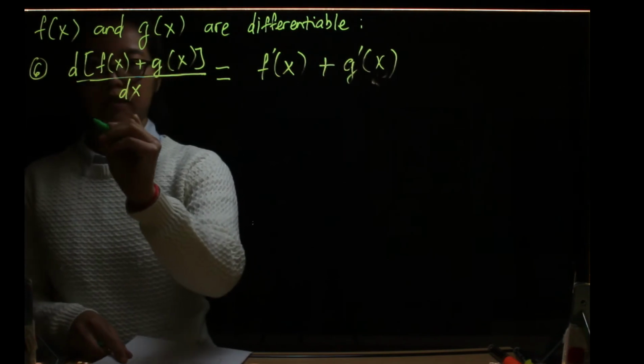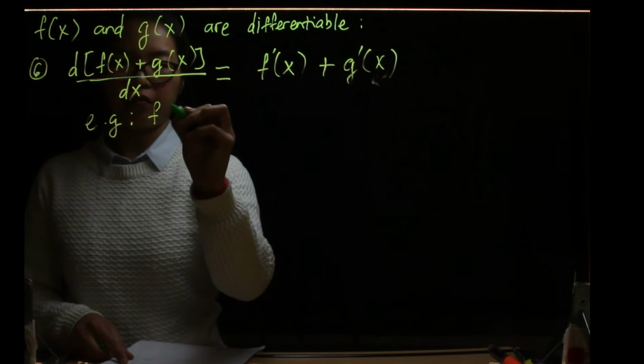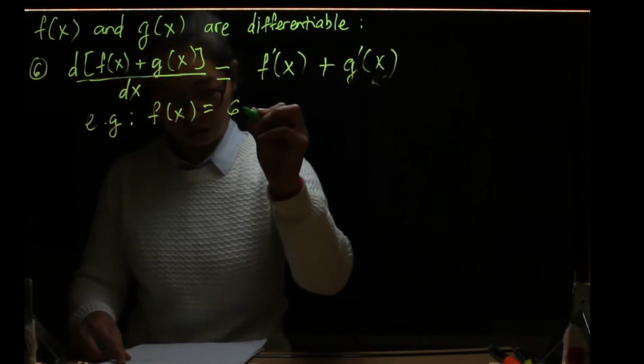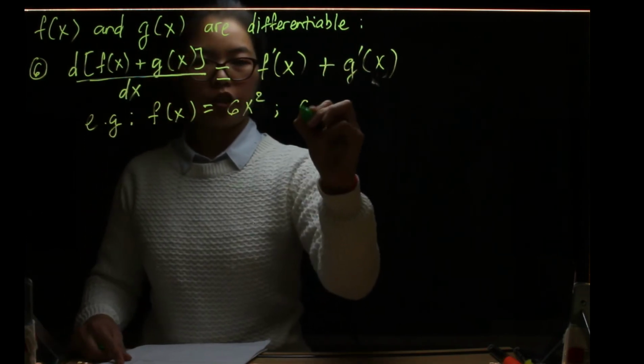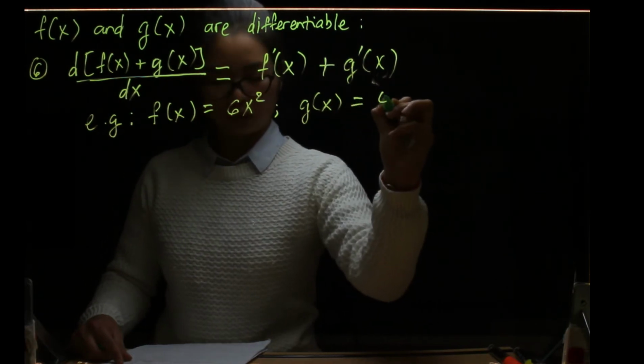So let's say we have an example, f(x) equals 6x squared and g(x) equals 4x.